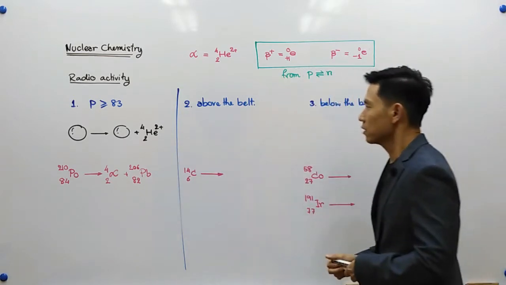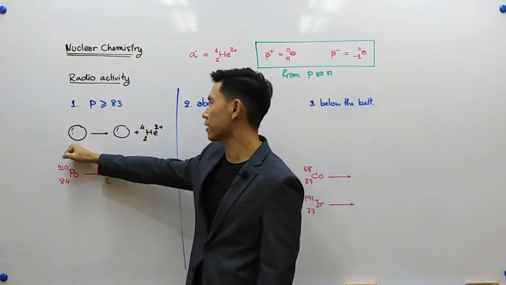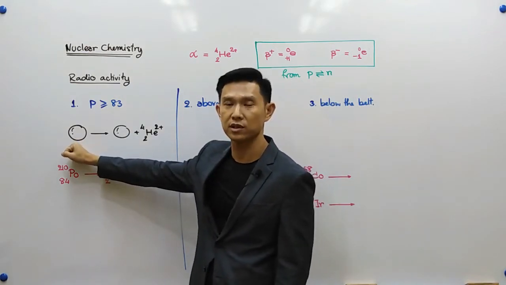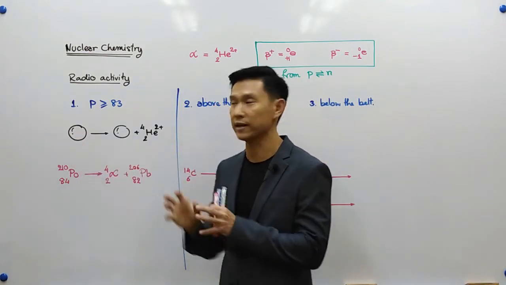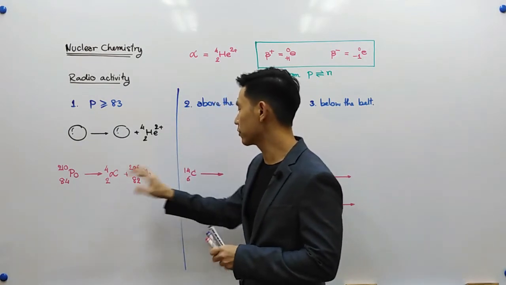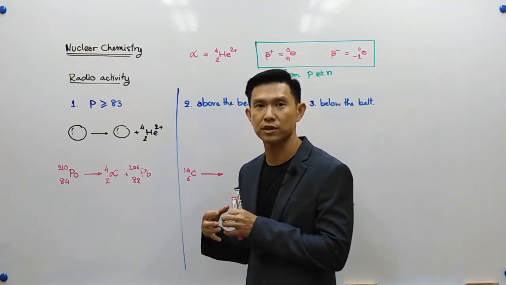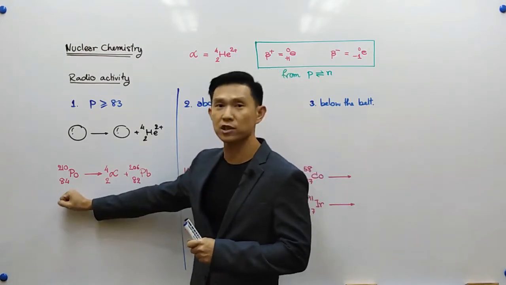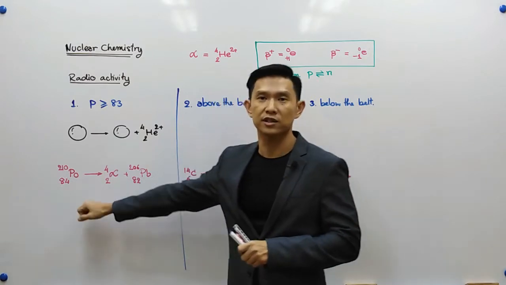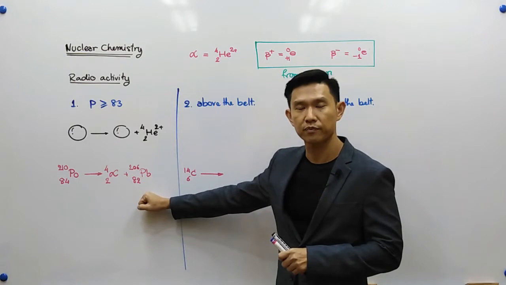Okay? So as you can see here, first of all, you have a very high electrostatic force in the nucleus because you have 84 protons. But now you release them out, so you have less electrostatic repulsion force. That means the potential energy of the nucleus here is higher, and the potential energy of the nucleus here is lower.